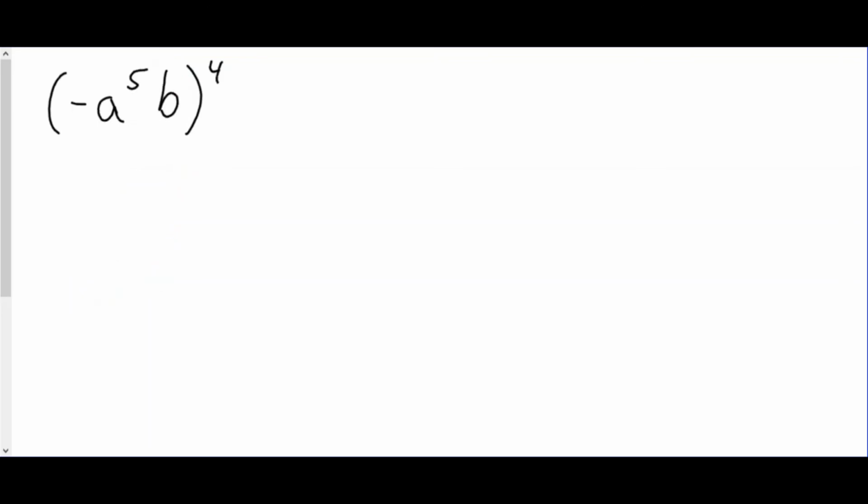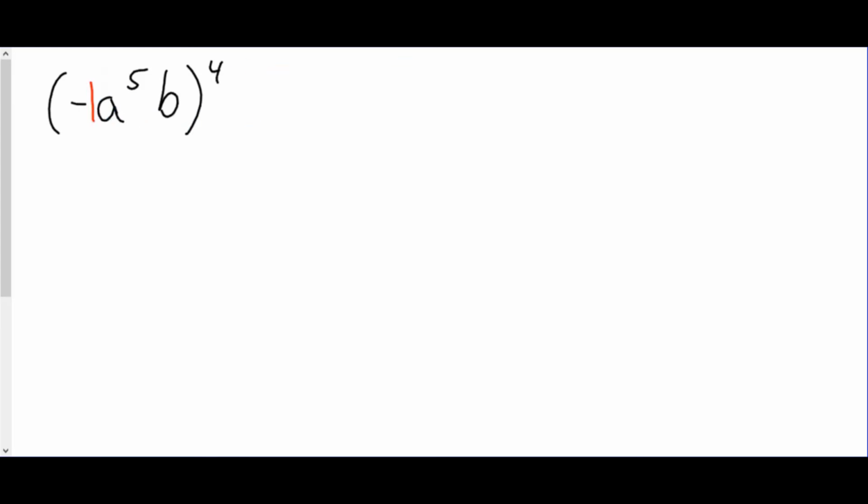Next, you gotta be really careful here because there is a negative and then a to the 5th and then b, all in parentheses to the 4th. So every single thing is to the 4th power: the b, the a, and also this negative. What do I do with this negative? Because it's not really a number, but I know, of course, from many previous units, when there's no number, there's an invisible 1.